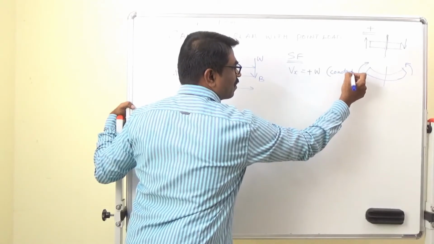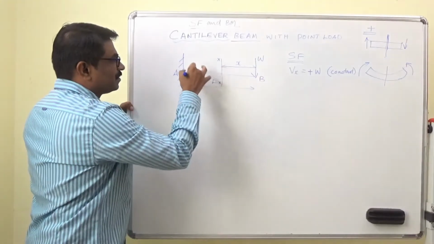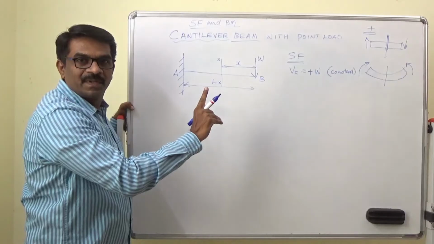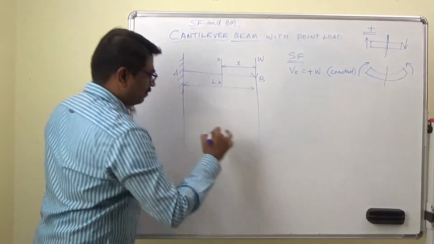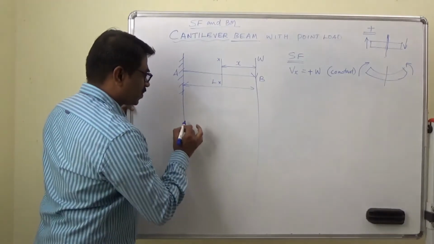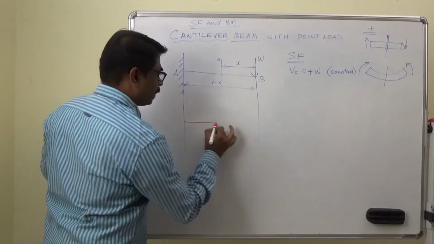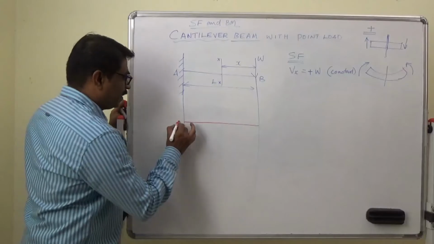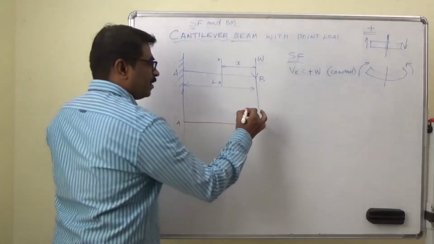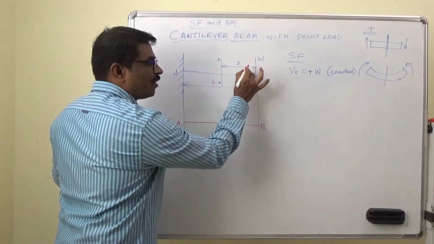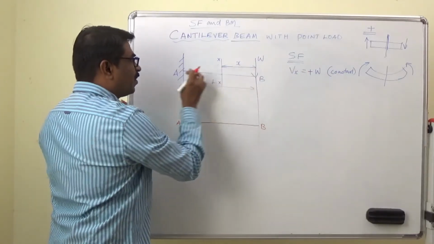It is a constant. You take any section, we have only one force. So when we draw the shear force diagram, AB, W is the only one force and it is a constant between this W and the fixed support.